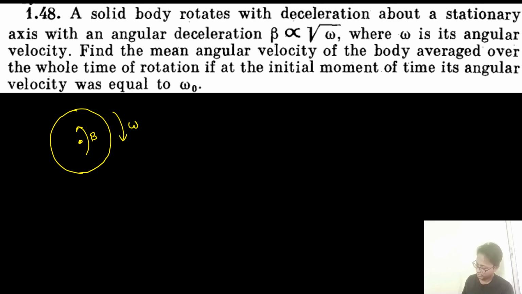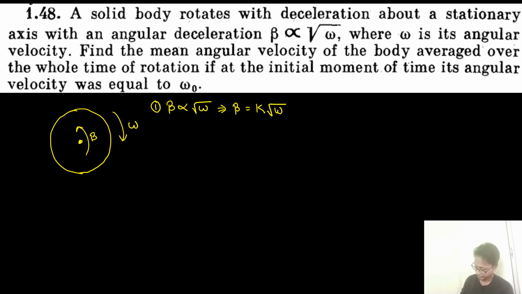Beta is directly proportional to under root of omega, or beta is equal to k into under root of omega, where k is the proportionality constant, any arbitrary constant.